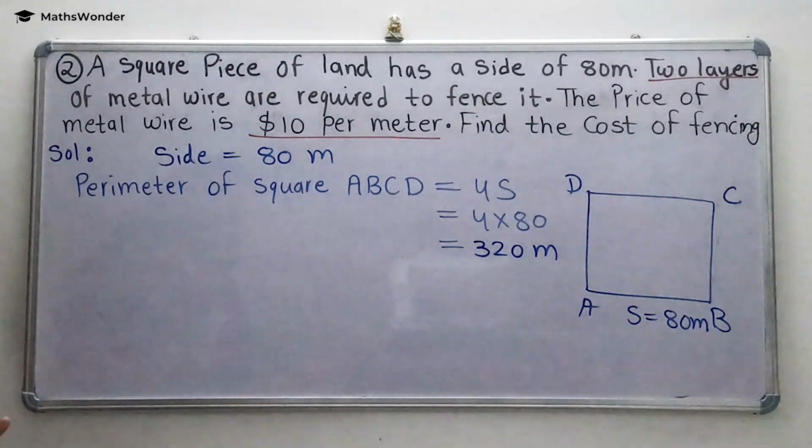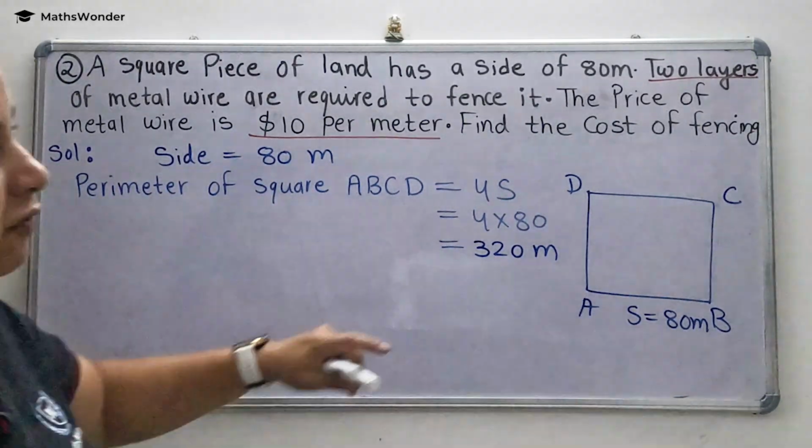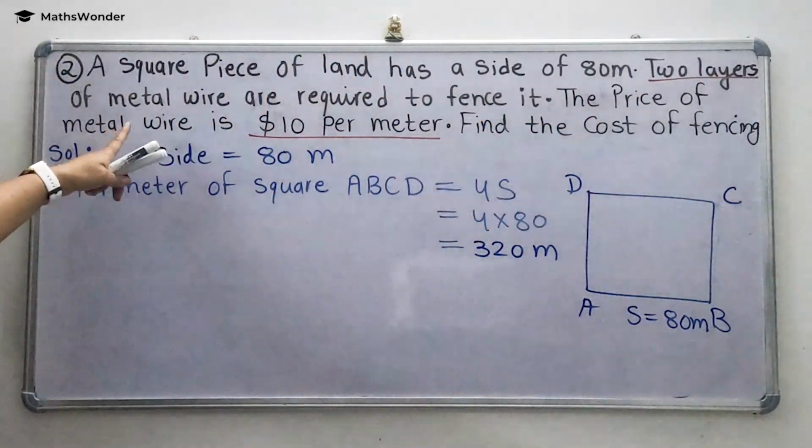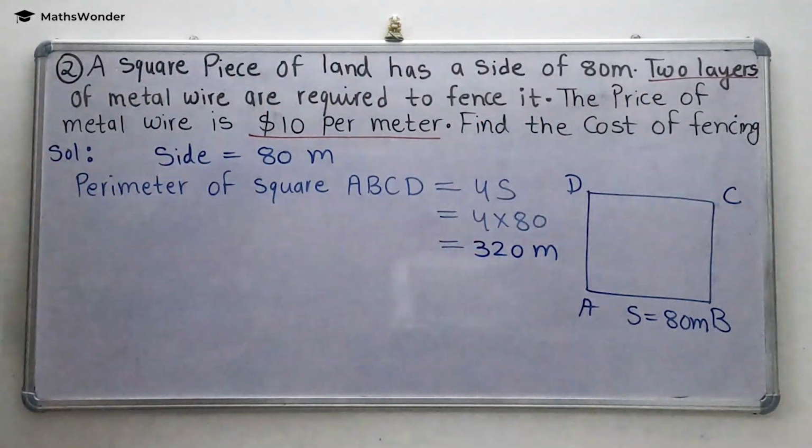The first round. Now read the second line of the question. 2 layers of metal wire are required to fence it.